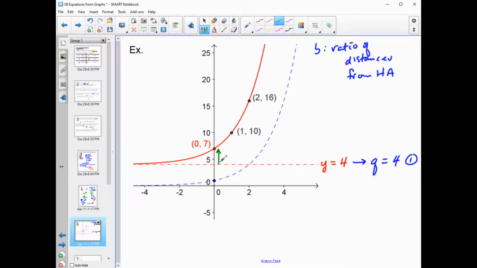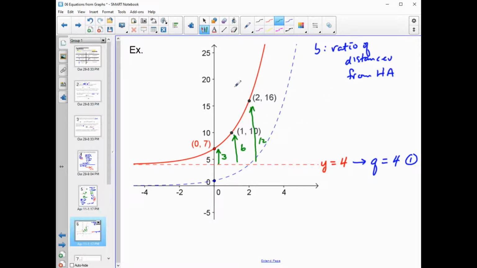If the asymptote is at 4, this y coordinate is at 7, that's a distance of 3. If the asymptote's at 4 and this y coordinate's at 10, that's a distance of 6. And if the asymptote is at 4 and the y coordinate is 16, that's a distance of 12.